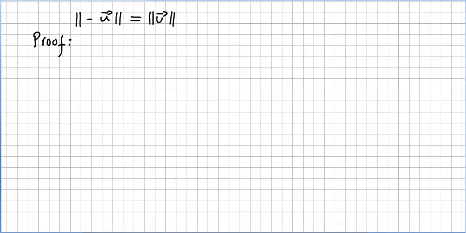For the proof, you just use what we just used with this lambda, and replace it, because at the end of the day minus u is nothing else but minus 1 times u.